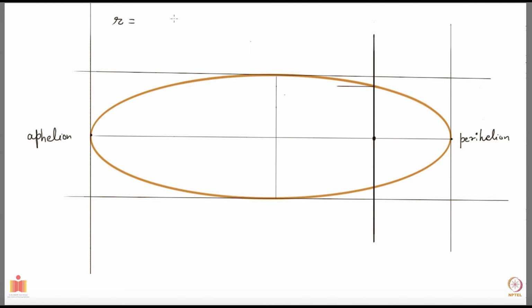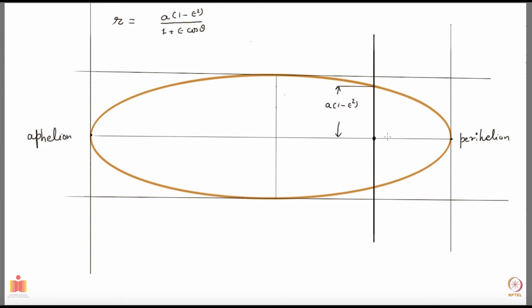This is A times 1 minus epsilon squared. Epsilon is the eccentricity, and you have 1 plus epsilon cos theta. This length is from here to here. The place where theta is pi by 2 is A times 1 minus epsilon squared. That is correct.